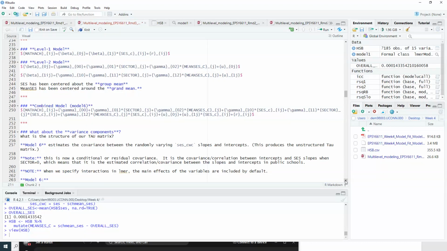But the point I'm trying to make is it wouldn't be 0. That I would expect you to get. The covariance, if you were to center here, is not going to be 0. The covariance, if you were to center here, is going to be 0. So if you constrain the covariances in that tau matrix to be 0, it actually varies as a function of the way that you're centering.